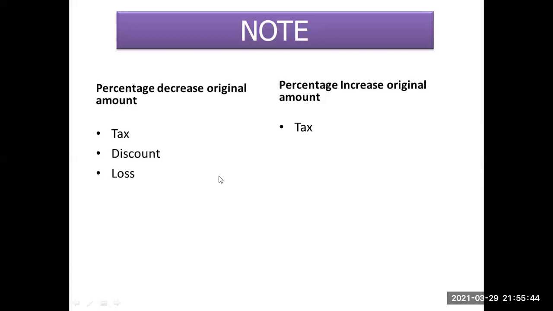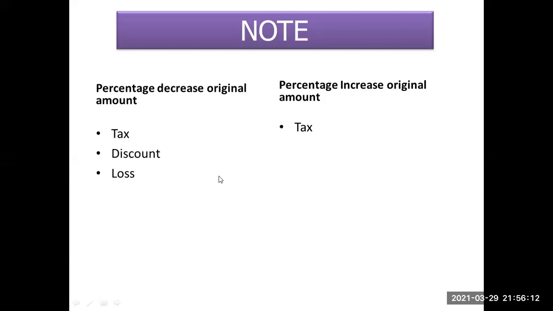Taxes again. And you must be saying, Miss Hamilton, but how can taxes increase and decrease an amount? Take, for example, the taxes charged on a product. When a product incurs a tax, it means that the price of that product will increase.